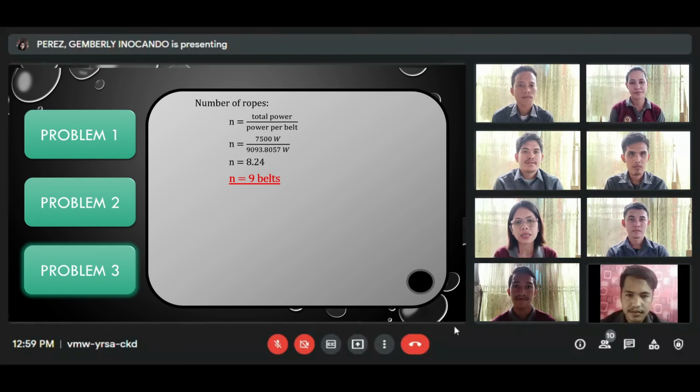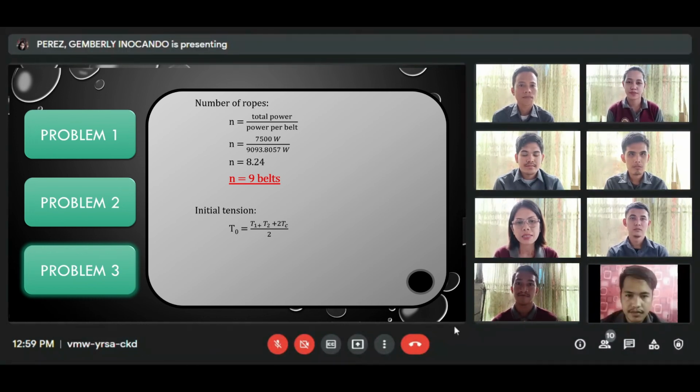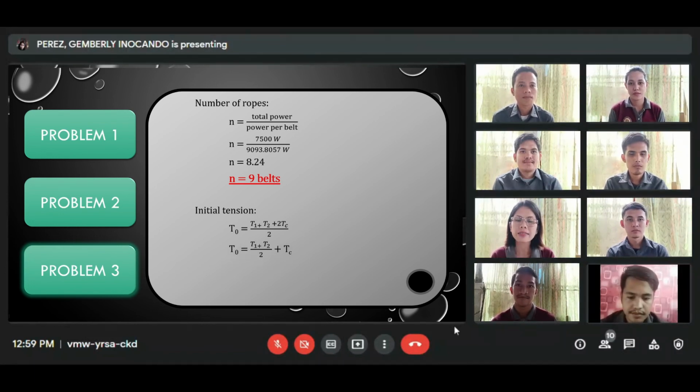And lastly, the initial tension. The formula of the initial tension is tension 1 plus tension 2 plus 2 centrifugal tension, over 2. Since the 2 can be cancelled out, the remaining would be tension 1 plus tension 2 over 2 plus the centrifugal tension.